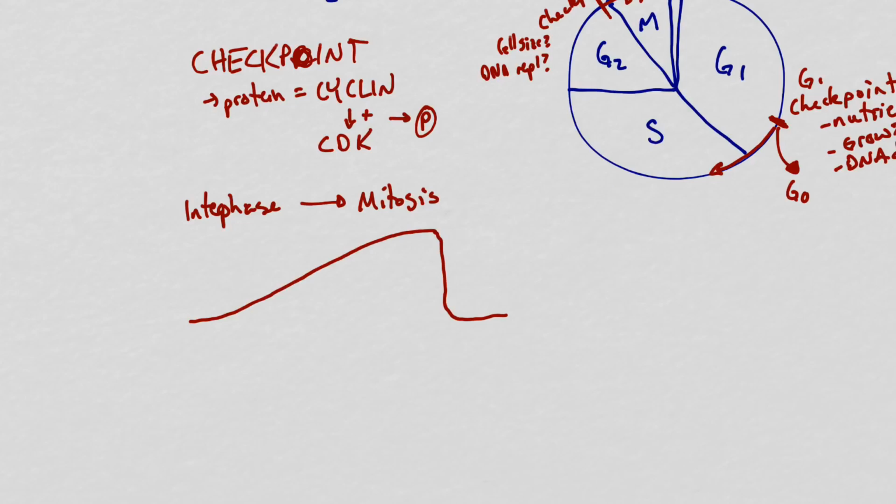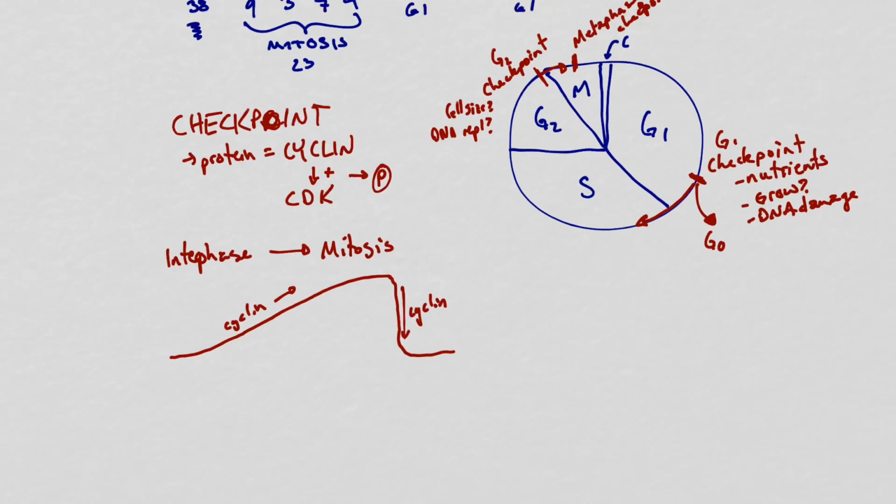And so as cyclin activity increases, we get all the way to mitosis. And when cyclin drops off, then the mitosis kind of stops. There's different cyclins that activate different parts of the cell cycle. There's not just one cyclin, but there's multiple kinds of cyclins.